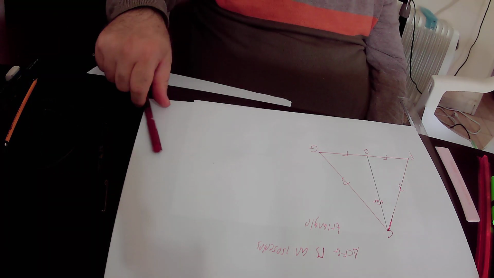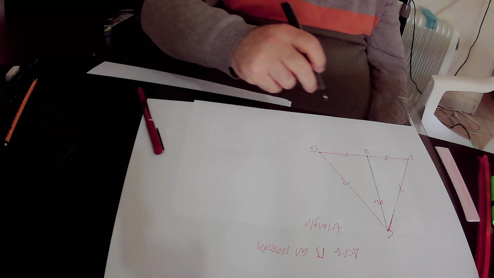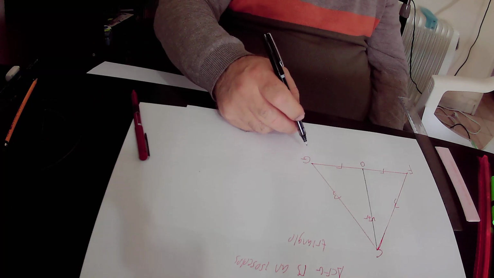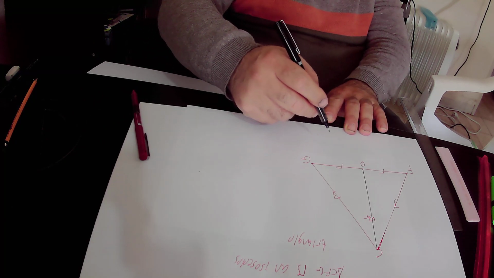And FG is the base of the isosceles triangle CFG.